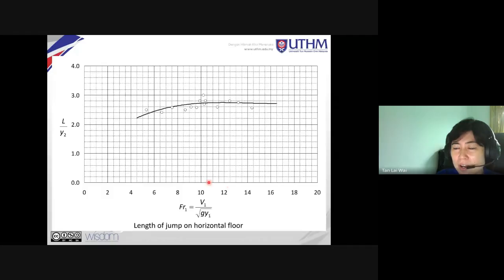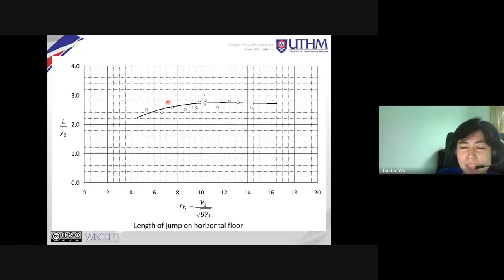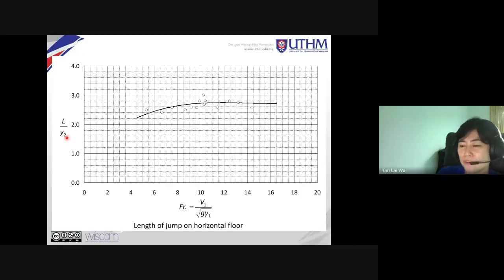You draw a vertical line, and once it intersects with this solid line, you draw a horizontal line and read it on your L over Y2 axis, which is about 2.75. So L over Y2 is 2.75. So L is 2.75 times Y2. Alright, so therefore you have this here.